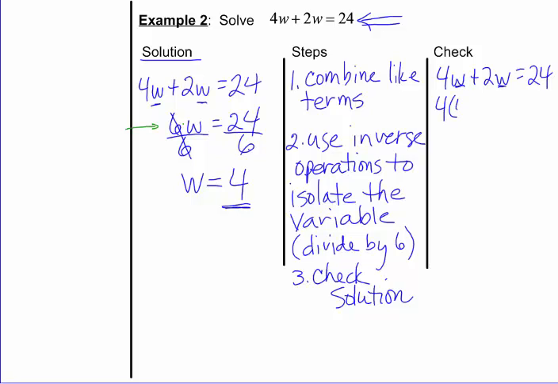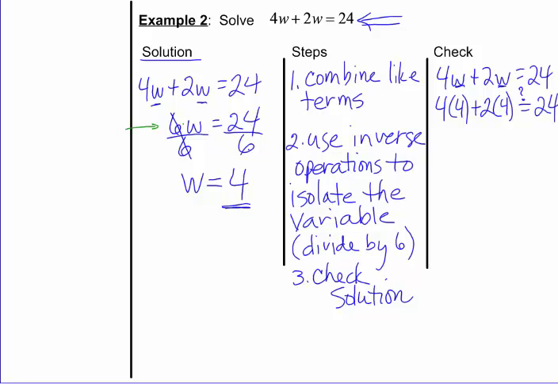So 4 times 4 plus 2 times 4 equals 24. That's what we're checking. That's why I put the question mark. We're not sure that it equals 24 yet. We have to do the order of operations and evaluate the left-hand side to see if we get 24 equal to 24.